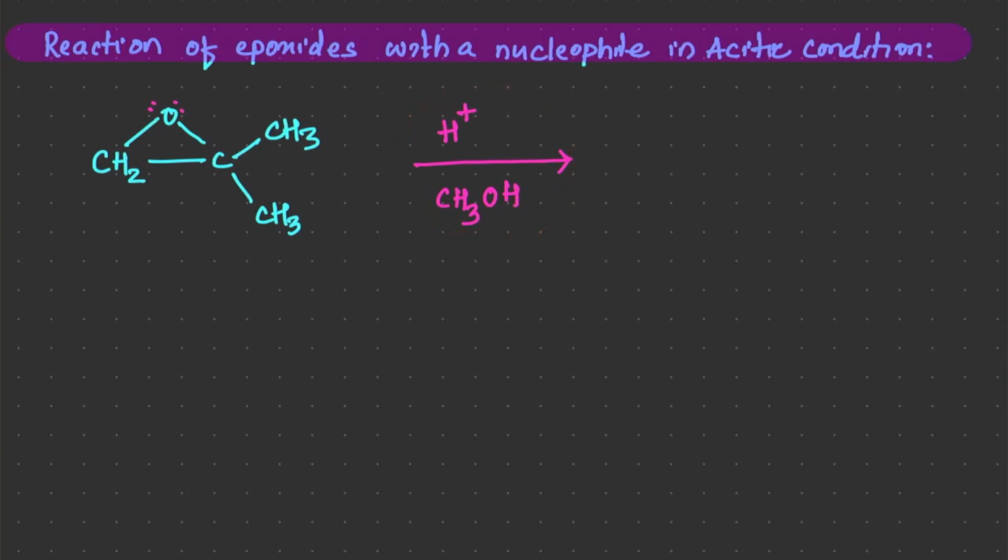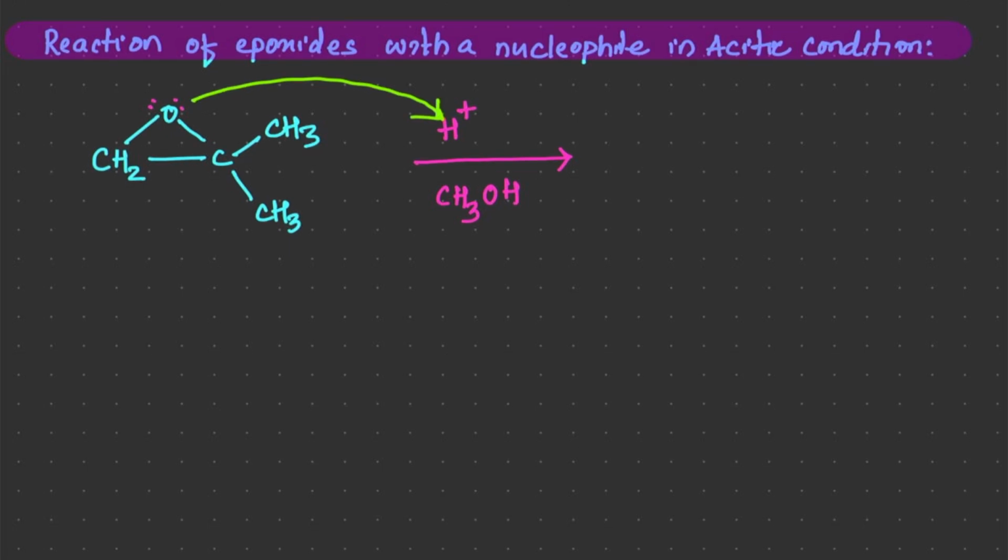So what would happen in this particular scenario? We have oxygen with a lone pair, and we know that a lone pair loves a proton. So immediately the lone pair from the oxygen will abstract the acidic proton that is available, and you will make the intermediate instantly.